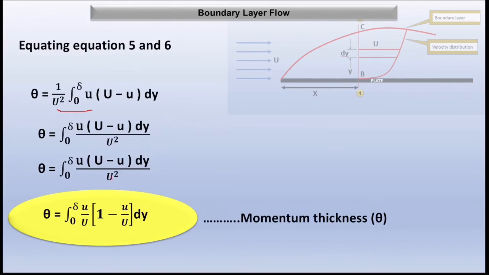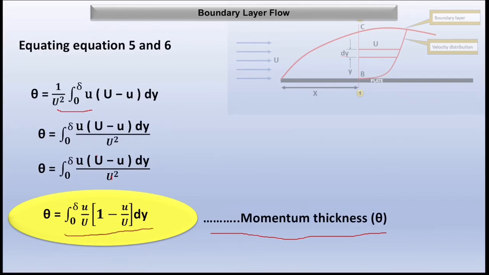This U will divide this one, this U also will divide this one, so the common terms come out, and we get theta is equal to the integral between 0 to delta of u by U into (1 minus u by U) dy, and this is nothing but the momentum thickness. So to calculate the momentum thickness we need to use this equation.